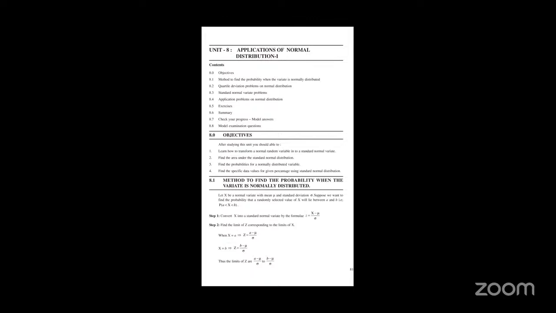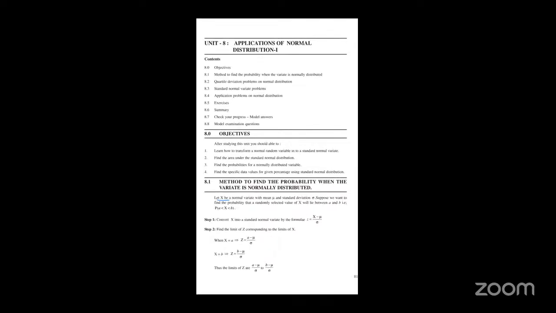So coming to the method to find the probability when the variate is normally distributed. When the variate is normally distributed, how to find the probabilities, we'll see in this method. Let x be a normal variate with mean mu and standard deviation sigma.